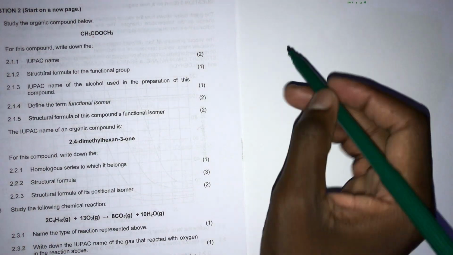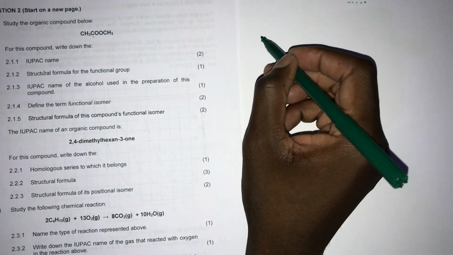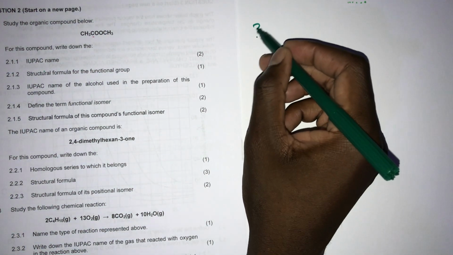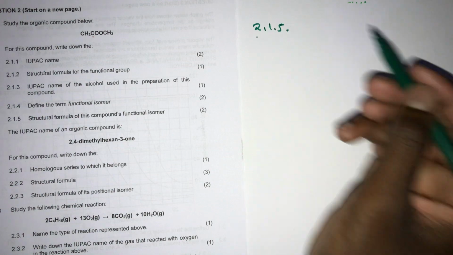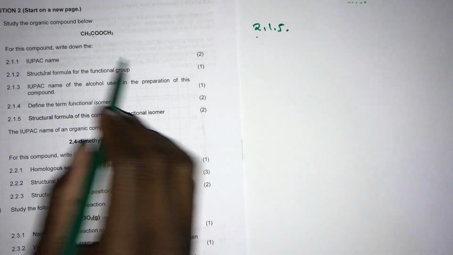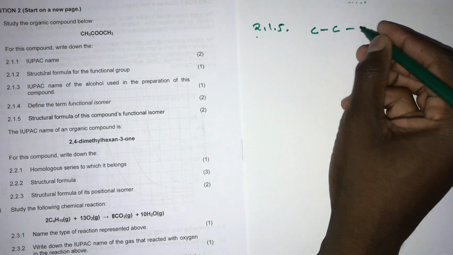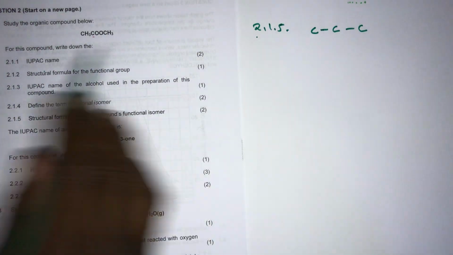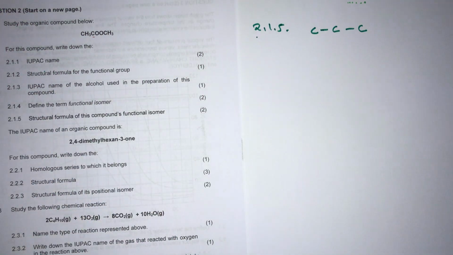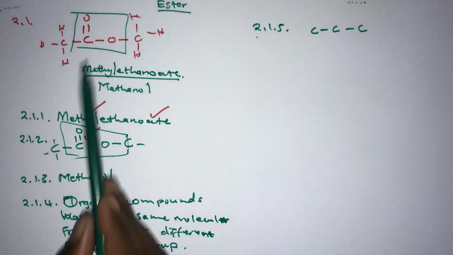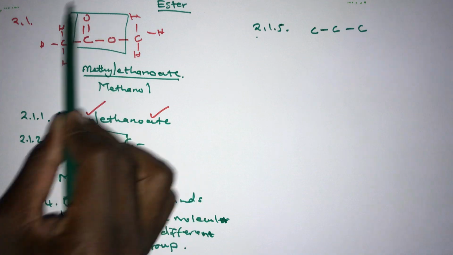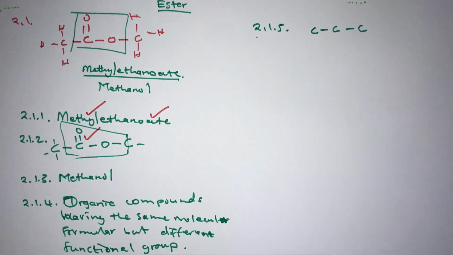It means that now we're going to move to 2.1.5. We have 3 carbon atoms there, 1, 2, 3. And then we're shifting the functional group from carbon atom number 2 to the last carbon atom.